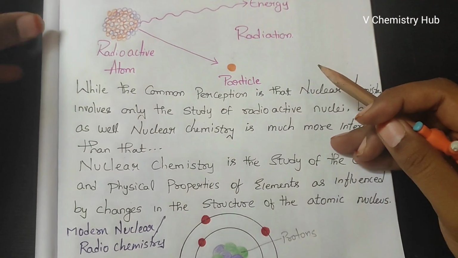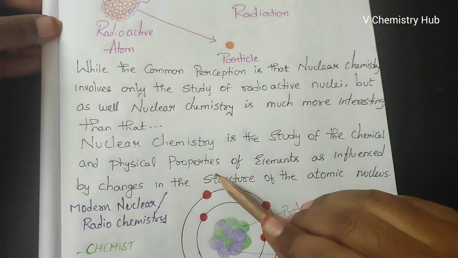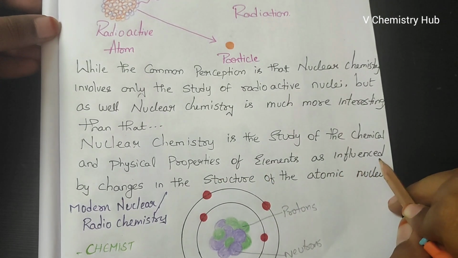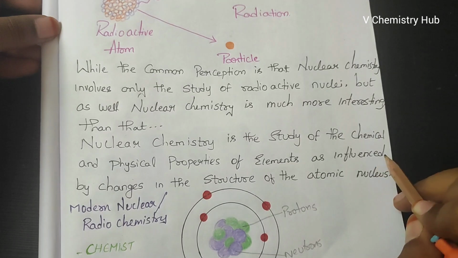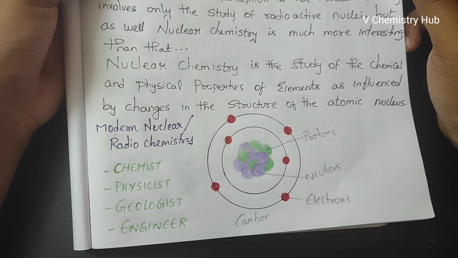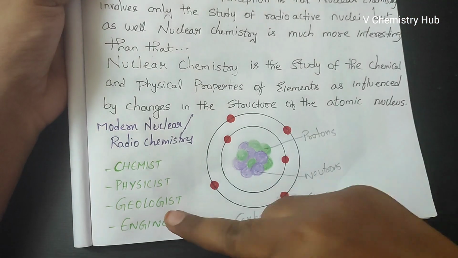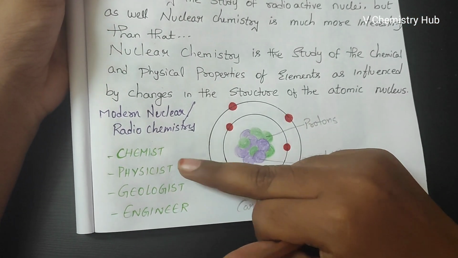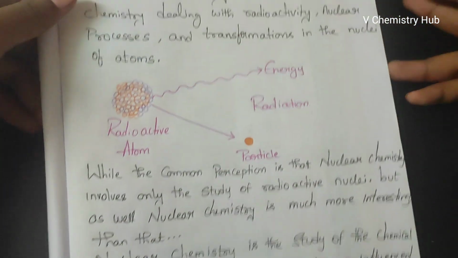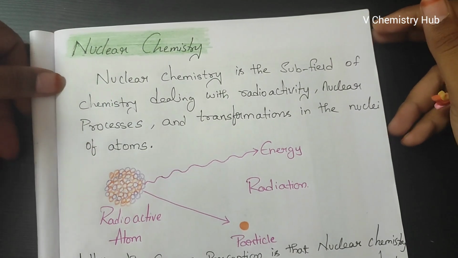Nuclear chemistry is the study of the chemical and physical properties of elements as influenced by changes in the structure of the atomic nucleus. Nuclear chemistry or radiochemistry is interdisciplinary, involving chemists, physicists, geologists and engineers. This is all about nuclear chemistry.